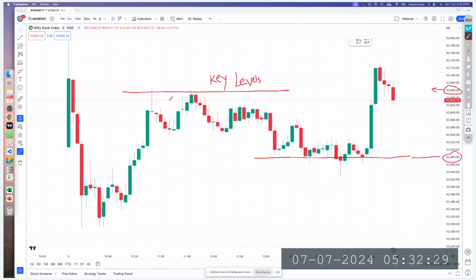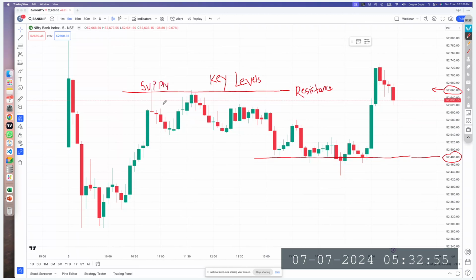Like the levels at which the price is not able to break upside, these are called resistance levels. The market is resisting these price points, not able to breach the resistance. And this is also referred to as a supply zone.